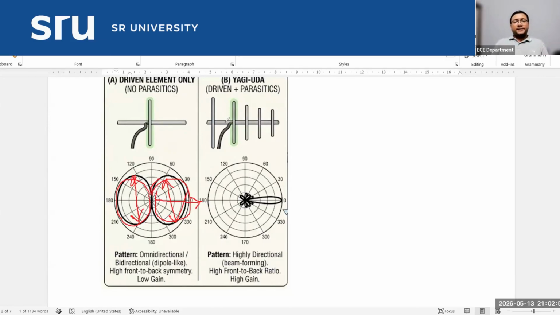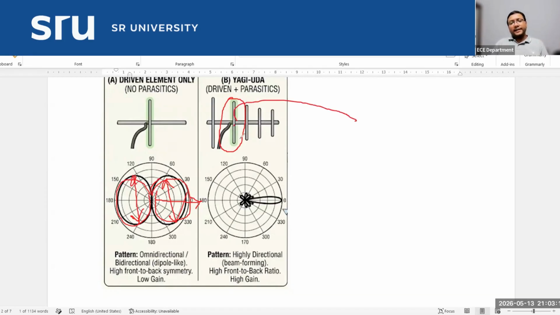When you connect some parasitic elements to this driven element, what happens? It focuses the energy towards the parasitic elements that are shorter in length. So the radiation pattern will be like that.